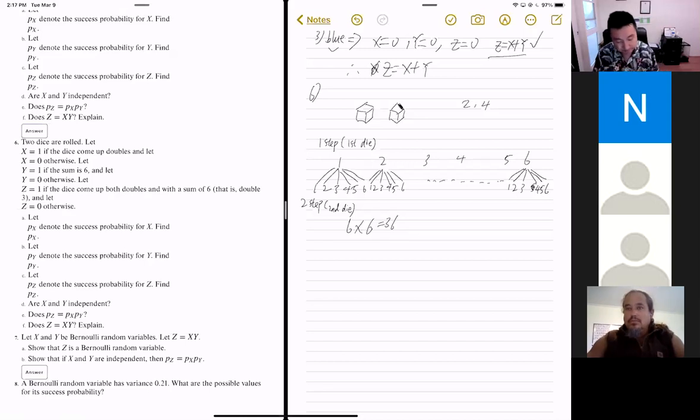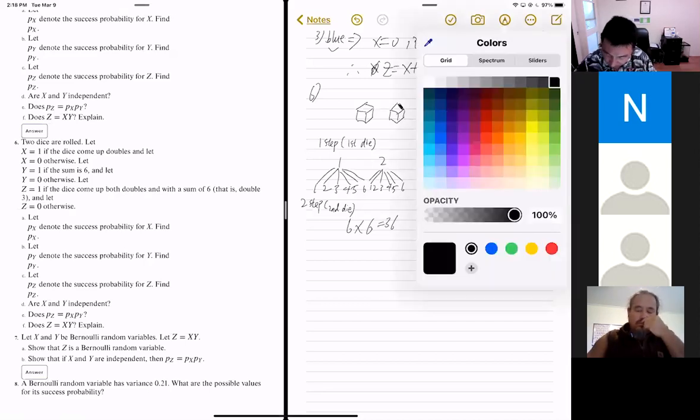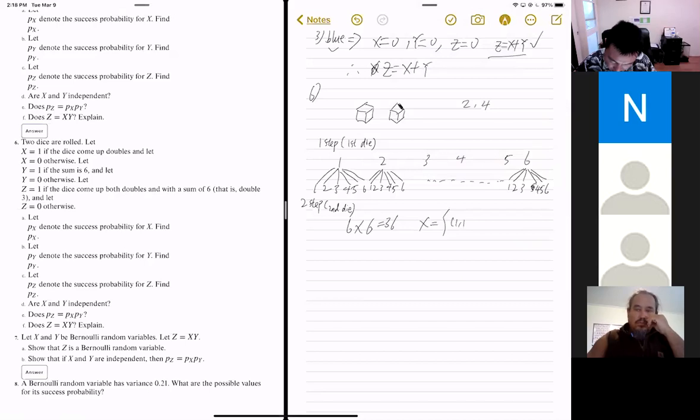And then let's look at X. X equals 1 when the dice come up doubles. So for X, the sample space will be 1,1, 2,2, 3,3, 4,4, 5,5, and 6,6.